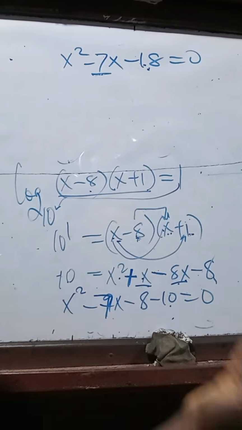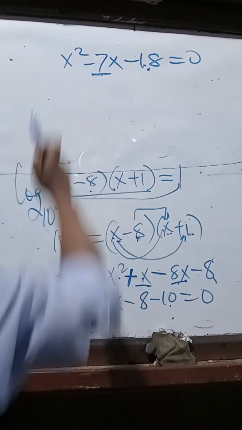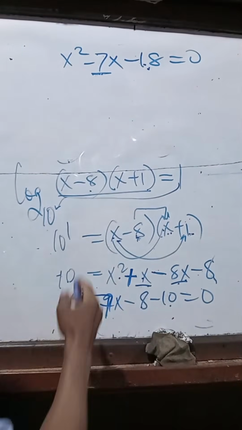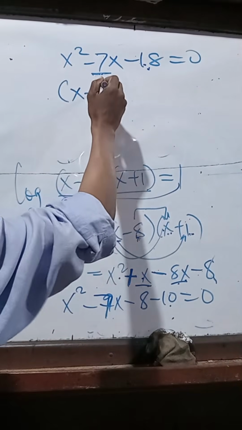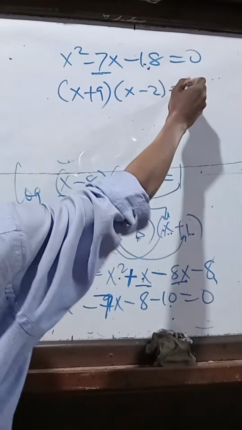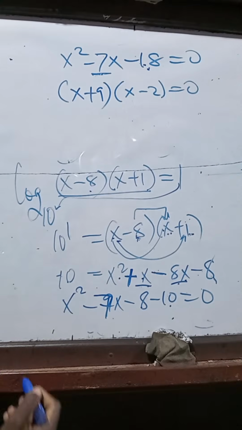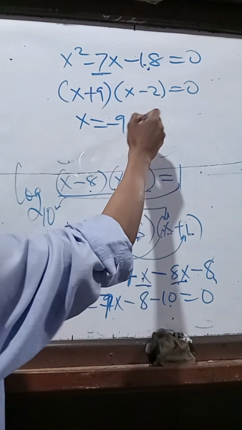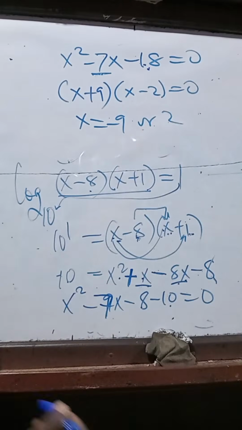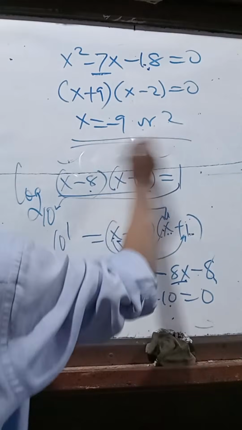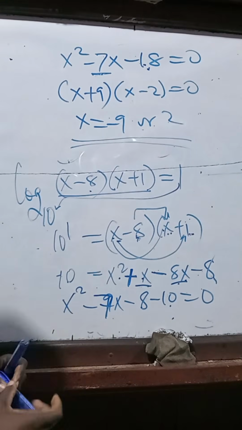Plus 9 minus 2 gives us this. And then when you multiply plus 9 minus 2, it's going to give you minus 18. So it's going to be what? This one plus 9 and then minus what? Minus 2 equal to what? Equal to 0. Okay? So this implies x is equal to what? Minus 9 or what? Or 2. x is equal to minus 9 or what? Or 2. And that's that on this particular question.